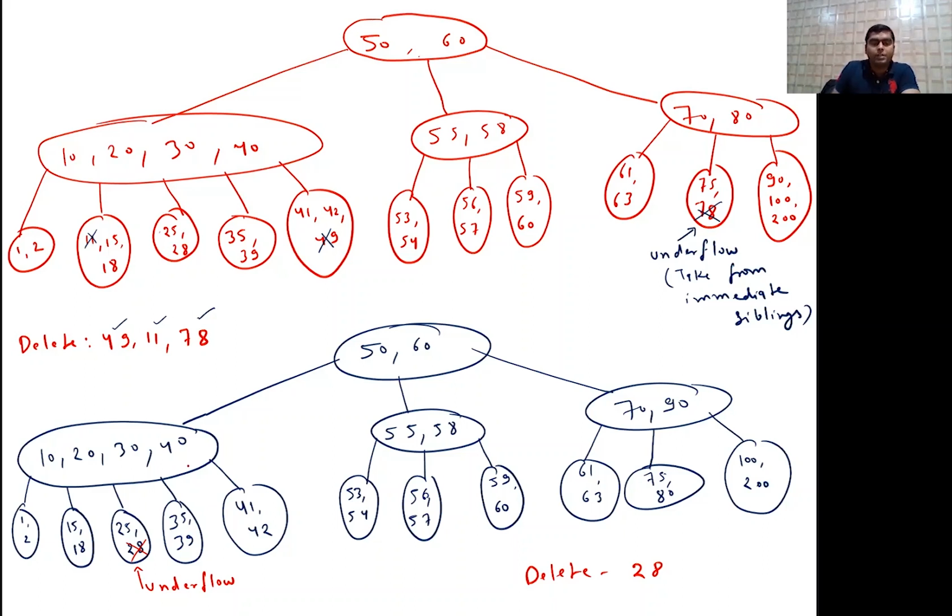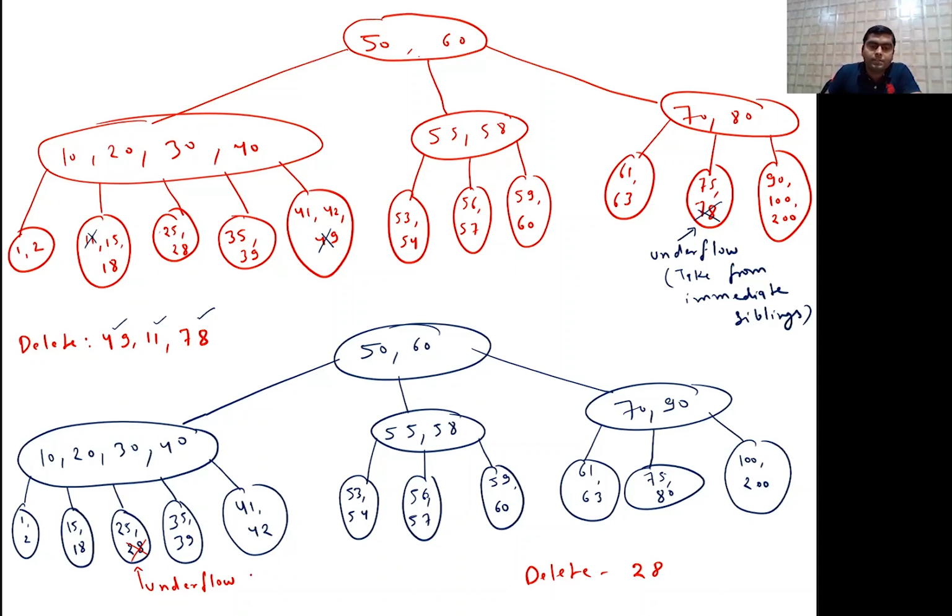That 40, these will get merged. So in that case, what will happen? That 30, this 39, because this will merge from the left.